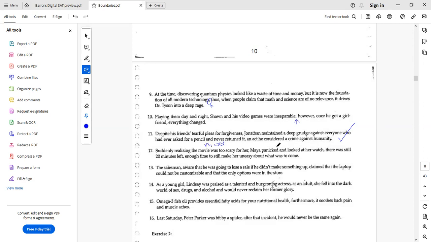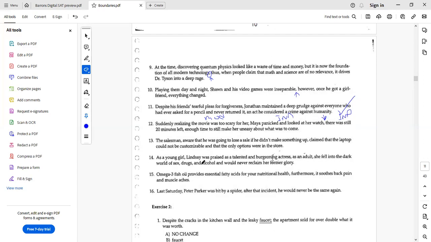Suddenly realizing, this is a modifier. Maya panicked and looked at her watch. This independent, then there was independent. Okay. Yes. 13. Dalal. Before "aware." The salesman, aware that he was going to lose.